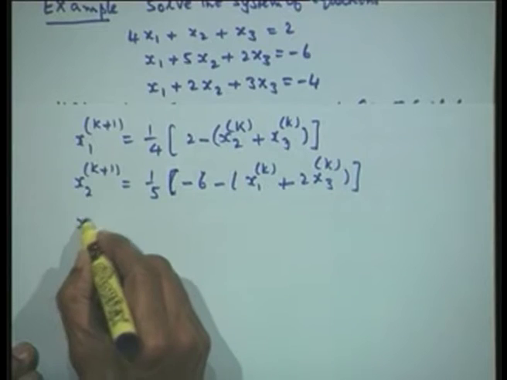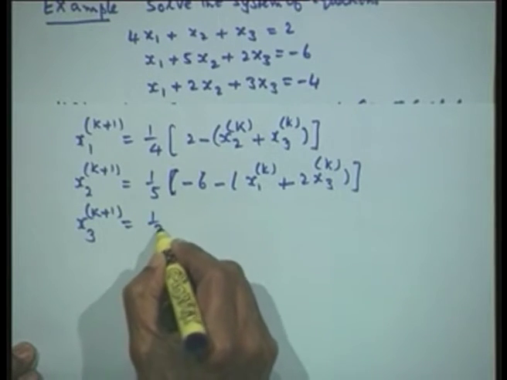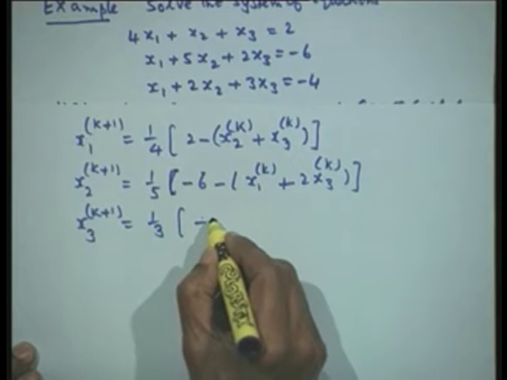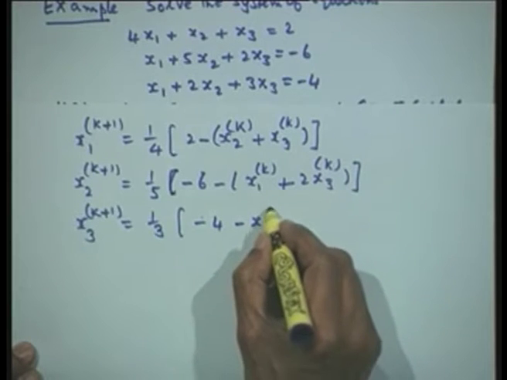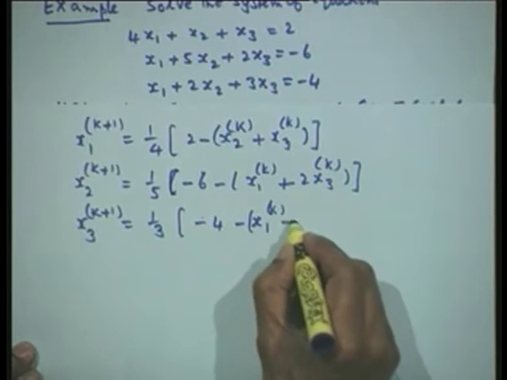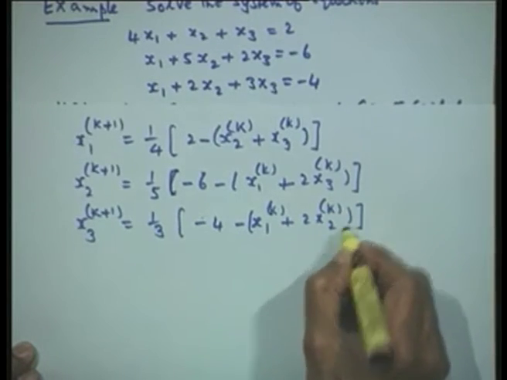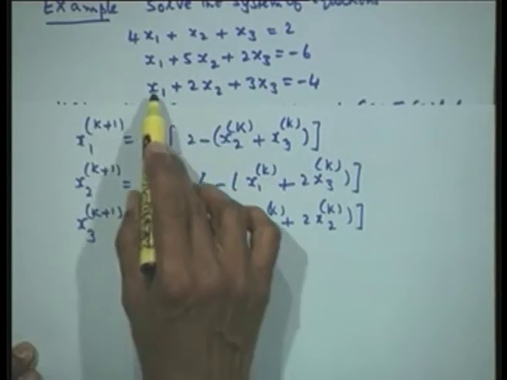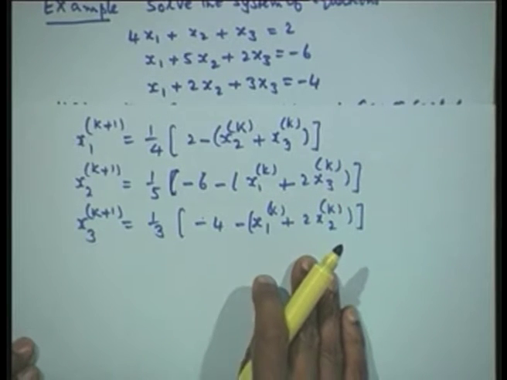From the third equation we will have x3 k plus 1 is 1 upon 3 of minus 4 minus x1 of k plus twice x2 of k. Both x1 and x2 are taken to the right hand side and we will have this particular thing.